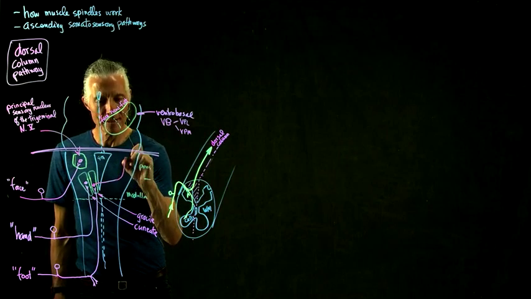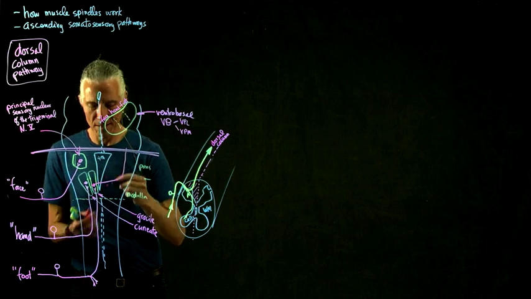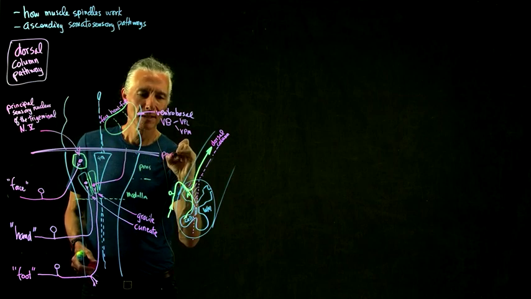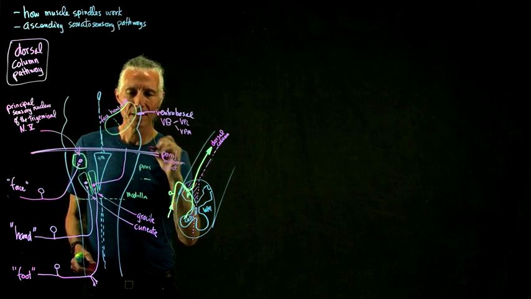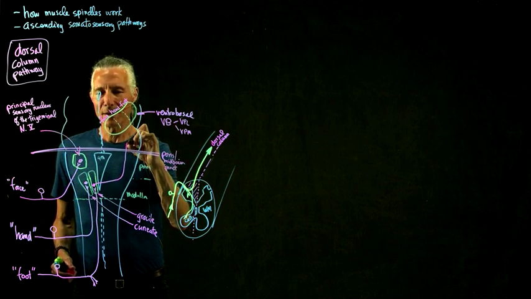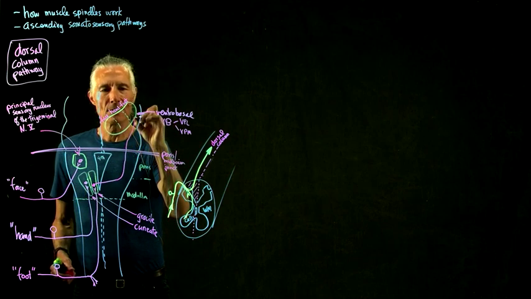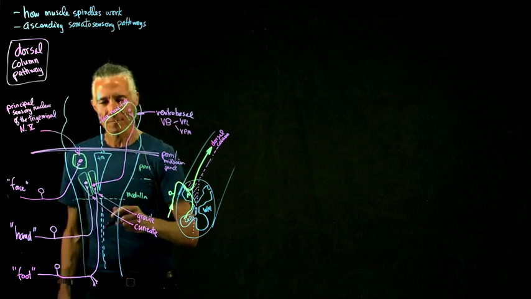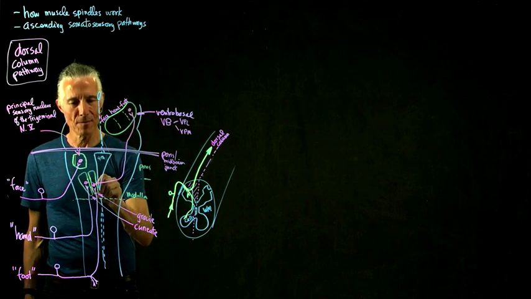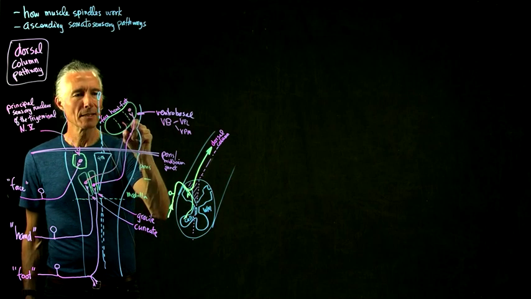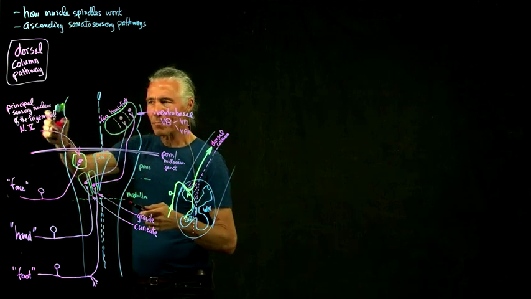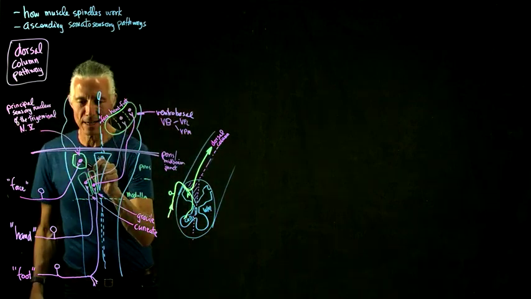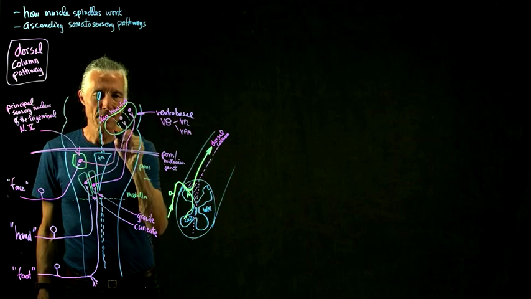It goes past the pons-midbrain junction, goes all the way through the midbrain without touching anything, and then it hits the foot. And then here's the hand from the cuneate that goes and hits the hand. And then the same thing happens from the principal sensory nucleus of the trigeminal. That guy crosses over and hits the face.